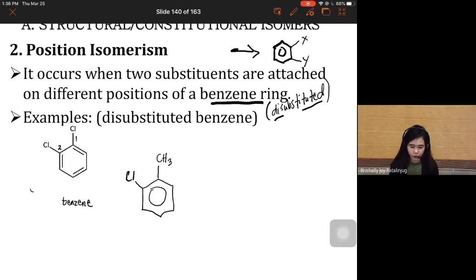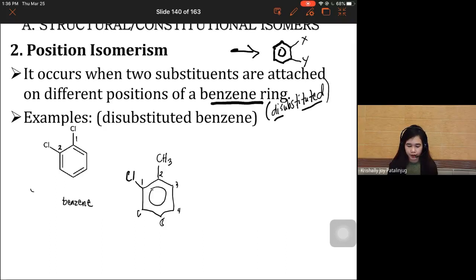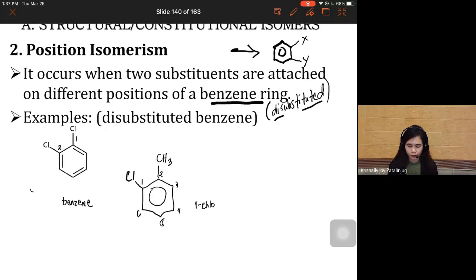Okay, very good. So this would be your carbon 1, then carbon 2, 3, 4, 5, 6. So you can now name the benzene molecule. This will be 1-chloro-2-methylbenzene. Again, the parent is benzene.